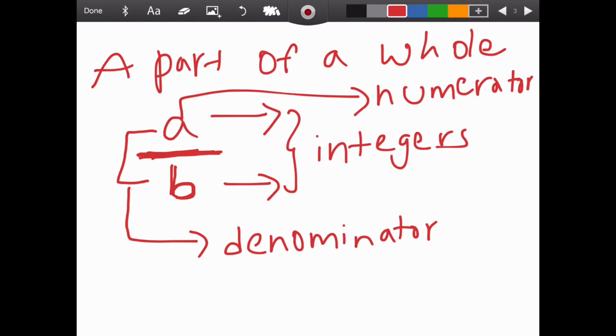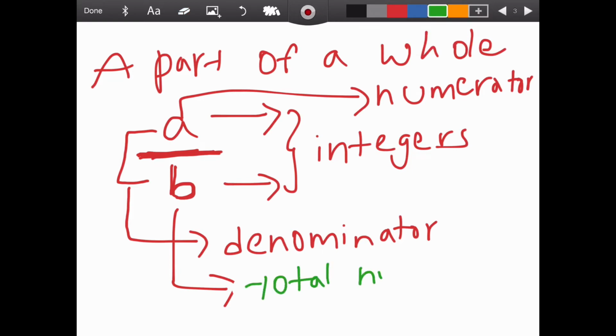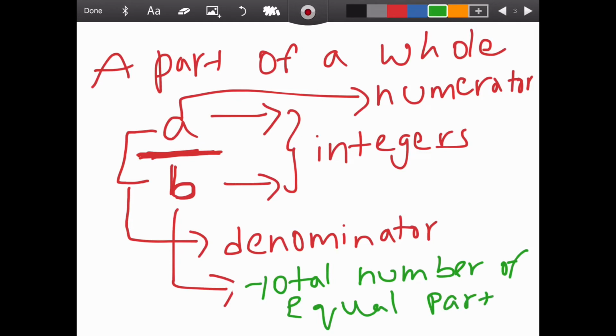Now the denominator is always, remember, it's always the total number of equal parts that the whole is divided into.